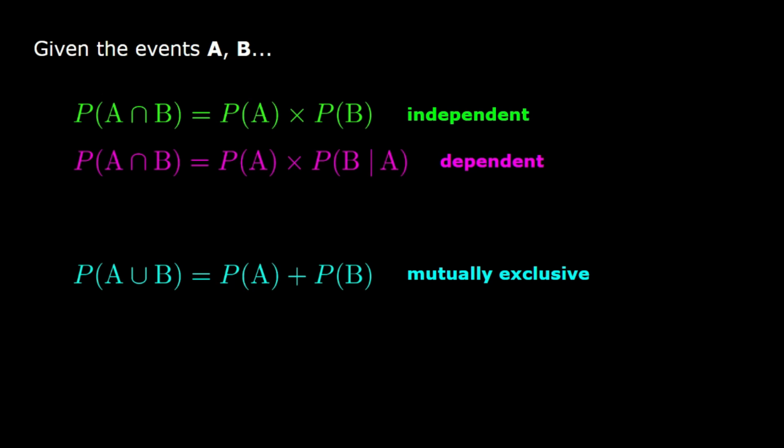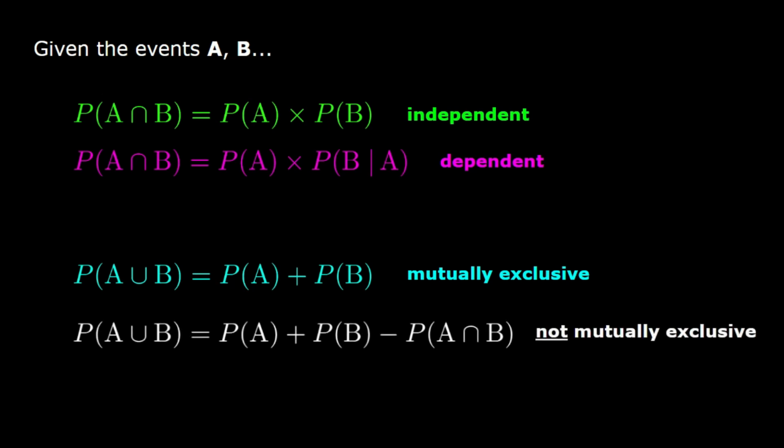But of course, if there's any doubt as to whether you have mutually exclusive events, you better include that overlap and use the complete rule of sum as listed here once again, which of course has the subtraction of the probability of A and B. And that's to ensure, of course, that you don't include the probability of A and B more than once in your calculation.